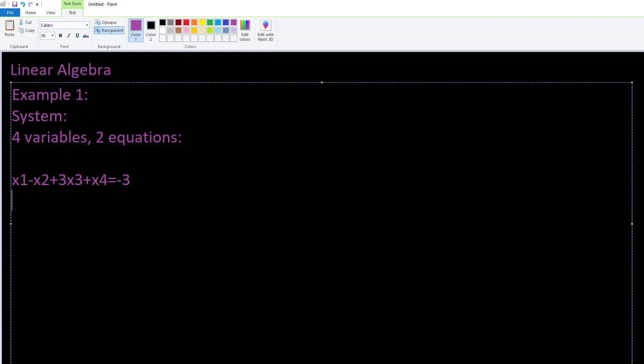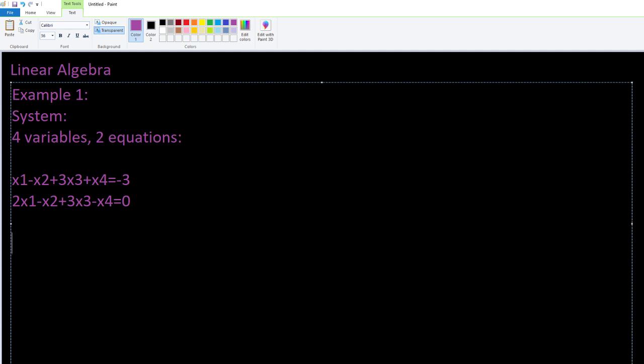And then we have 2x1 minus x2 plus 3x3 minus x4 equals 0. Those are our 2 equations.